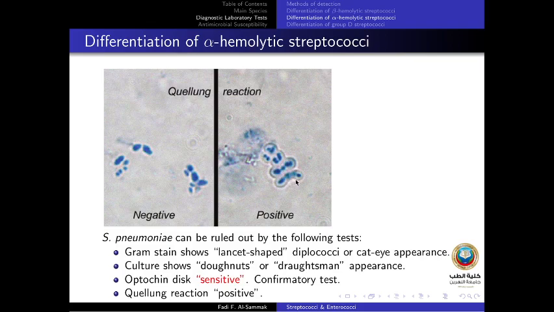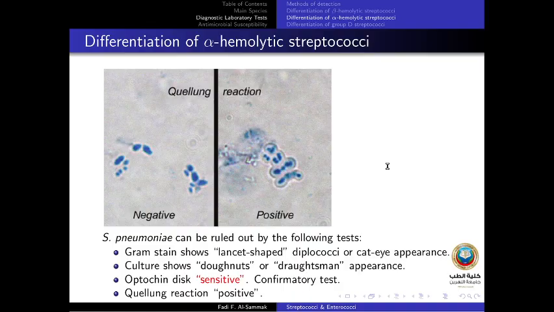The way this test is carried out is usually by taking a few colonies and mixing them with saline, and then we add the antisera, or the antibodies, which are going to bind to the capsular polysaccharide, and then we do staining with methylene blue.